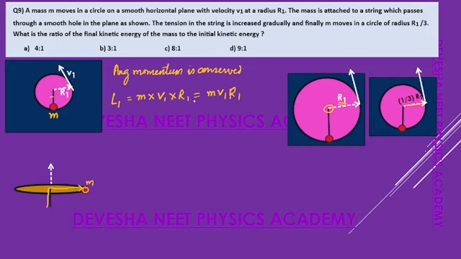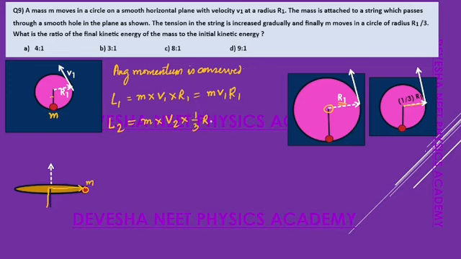In the second scenario, when rotating with a smaller radius, what is L2? Again the mass remains the same, but the velocity will obviously not be the same, it will have changed. So I'll write v2, and the radius r2 is 1 by 3 r1.